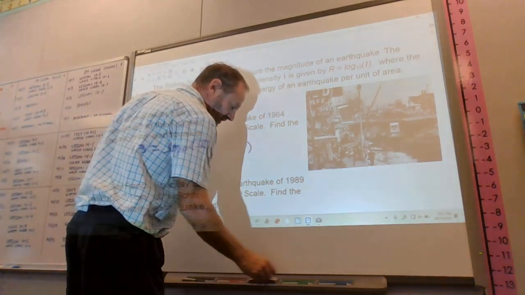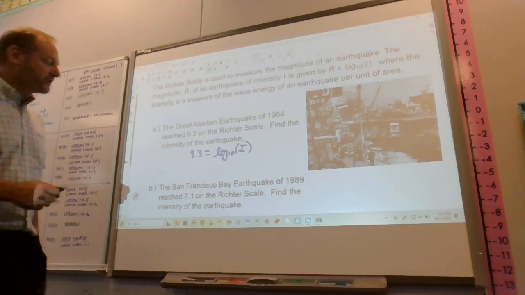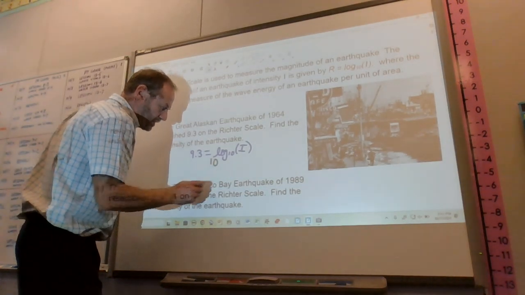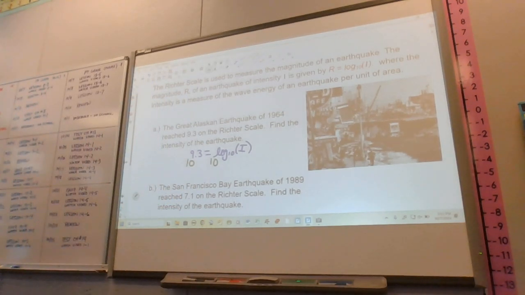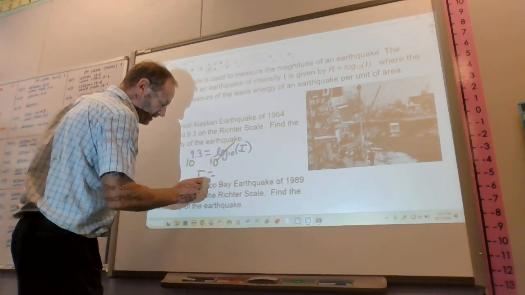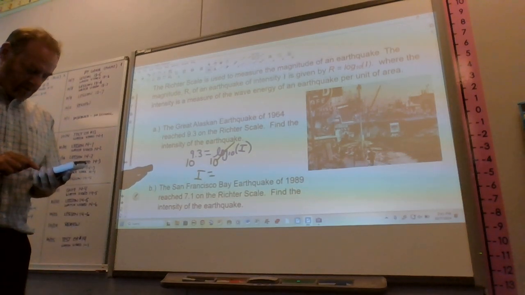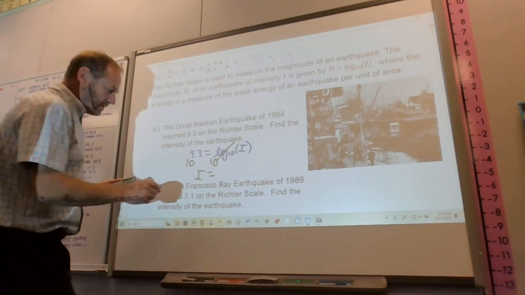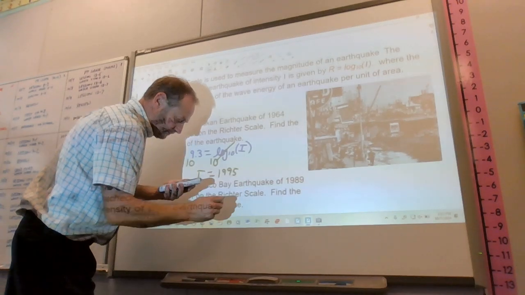Well, remember, logs and powers are inverse of each other, so I'm going to go ahead and go 10 to both of these powers, and that will cancel out this right here, and I get I equals 10 to the 9.3 power. So I get out my calculator, 10 to the 9.3 is one very large number here.